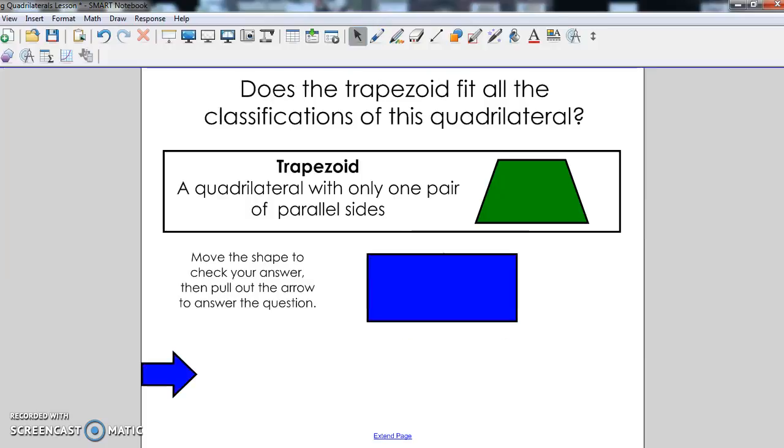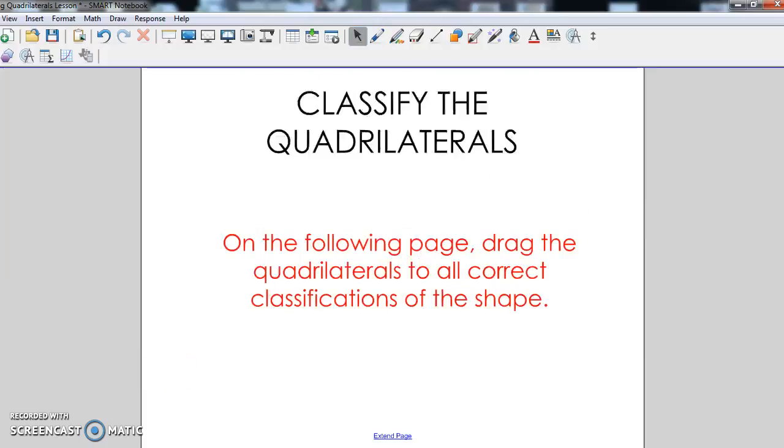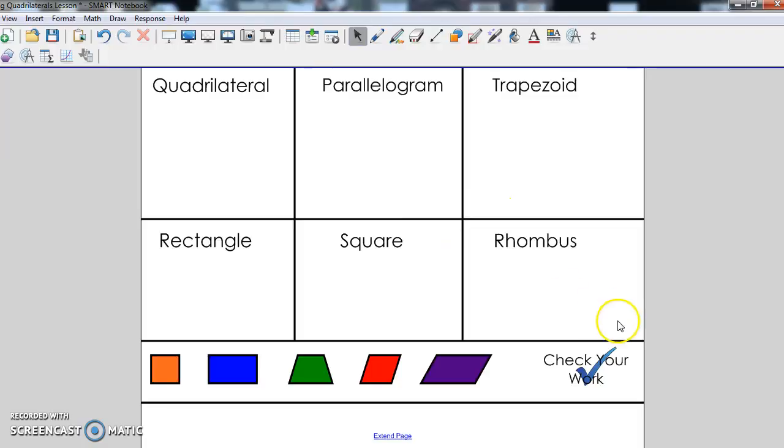We'll skip through these slides and let's look at the last slide. What I want you to do is take a minute and pause the video and think about what shapes belong in each of these. So notice some of these are going to have more than one shape. Take a second and see if you can think about which shapes belong in which ones, and then come back and we'll see.